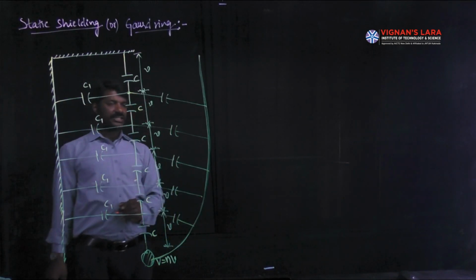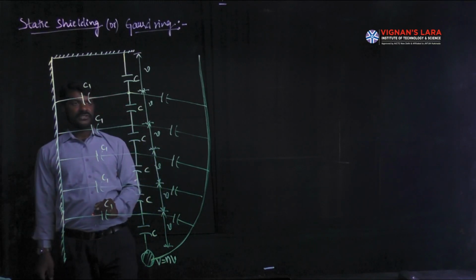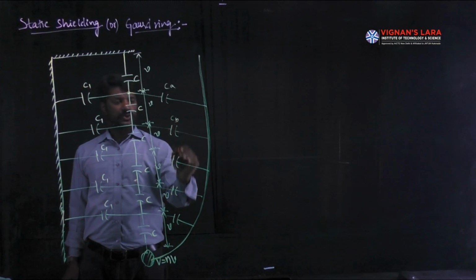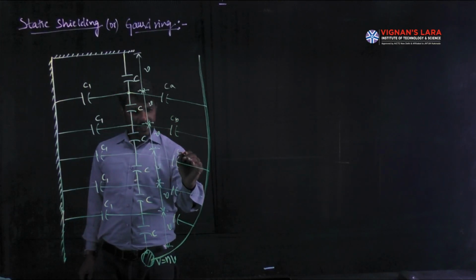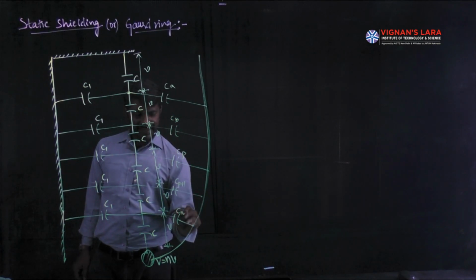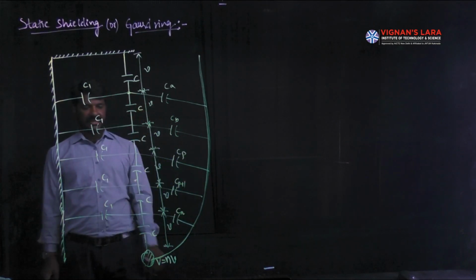These are called shield capacitances, named CA, CB, and so on, CP, CP plus 1, and here the nth capacitance, because n units are there.